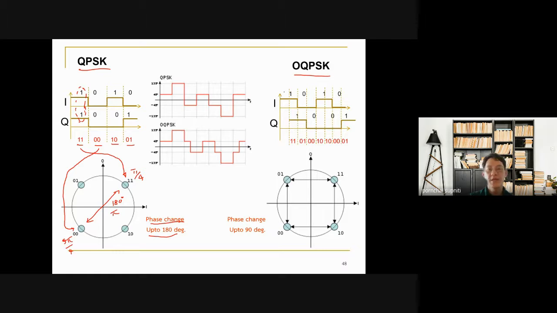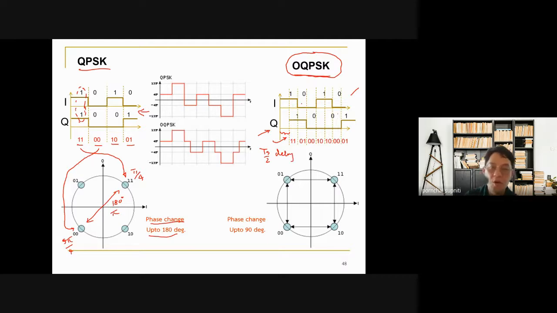OQPSK is used to modify such a phase transition. Instead of sending 1010 and 1001 synchronized to each other like the left hand side, they introduce this delay of half a bit to the Q bits, like Ts over 2 delay.